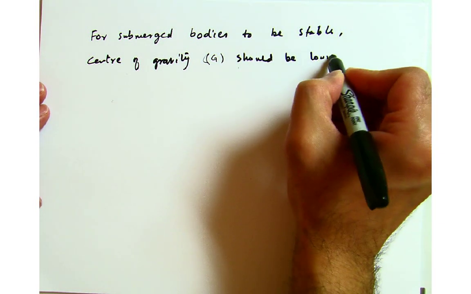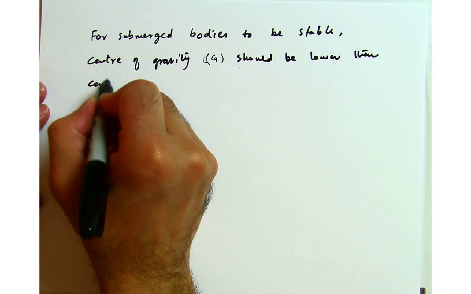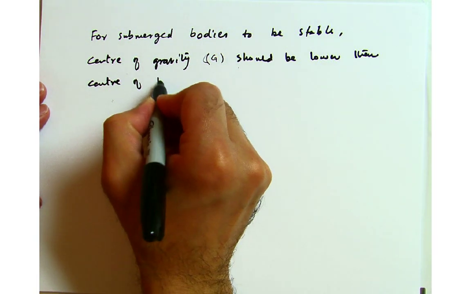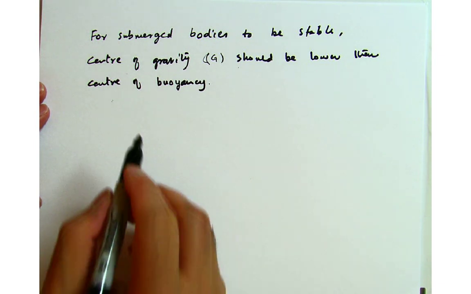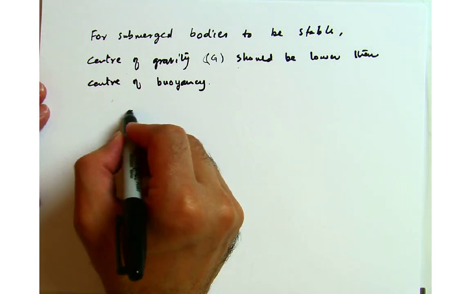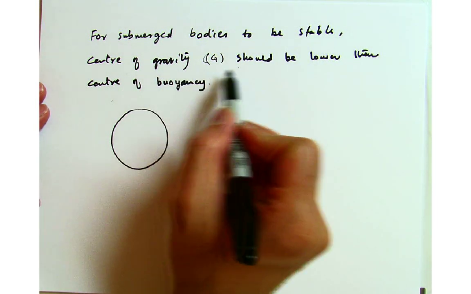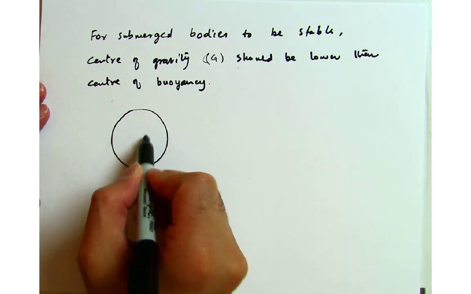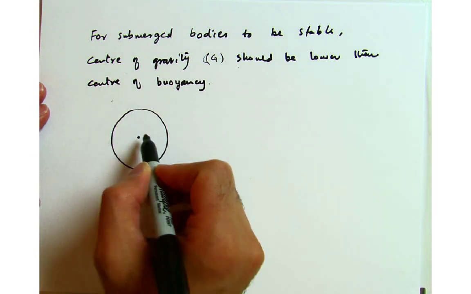If I have to draw this, the center of gravity should be lower, somewhere over here, because the buoyancy will be acting at the centroid of the shape.